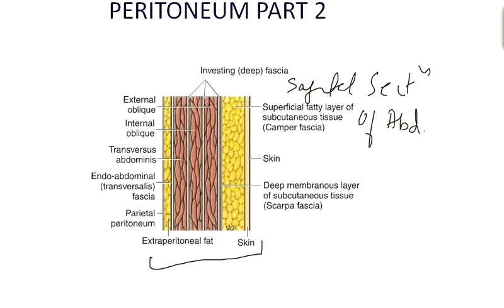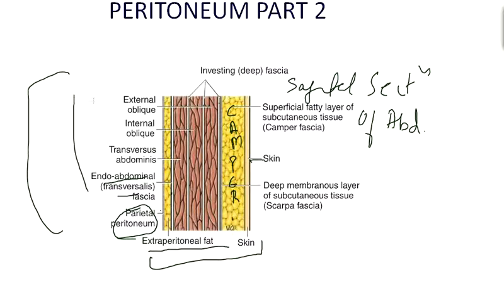Here we see first the skin, and this is Camper's fascia where we have belly fat localized, and then we have the investing deep fascia, between them we have muscles, and then we have the extraperitoneal transversalis fascia. The innermost layer is the parietal peritoneum below the extraperitoneal fat, and here we get the whole structure, that is the posterior abdominal wall, organs, and visceral peritoneum.